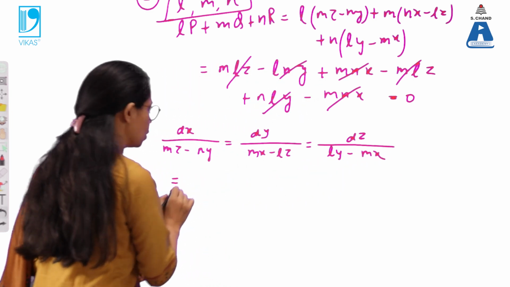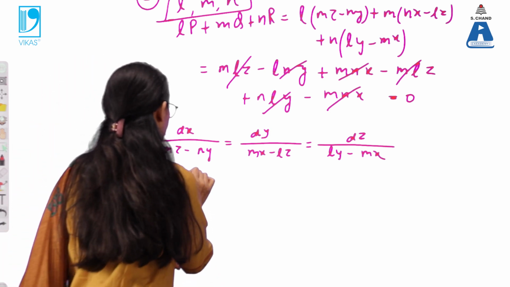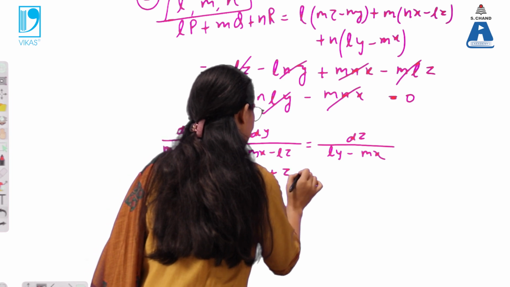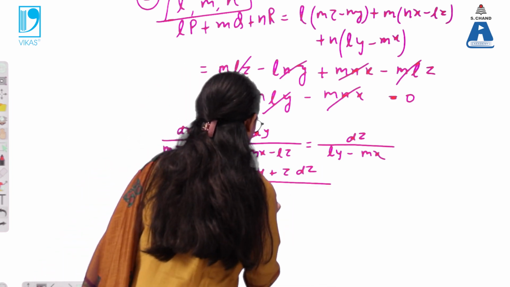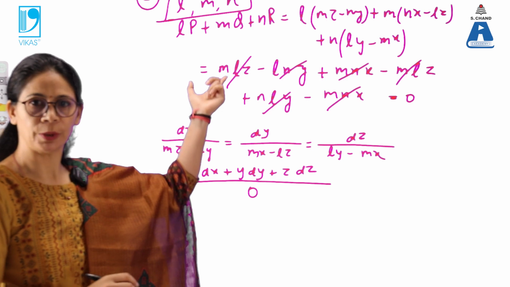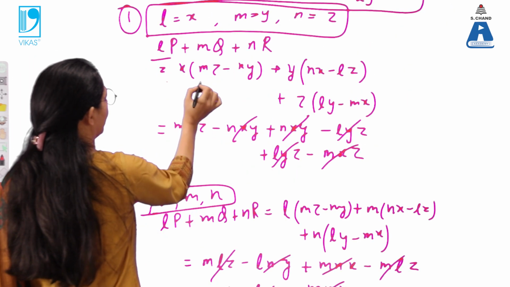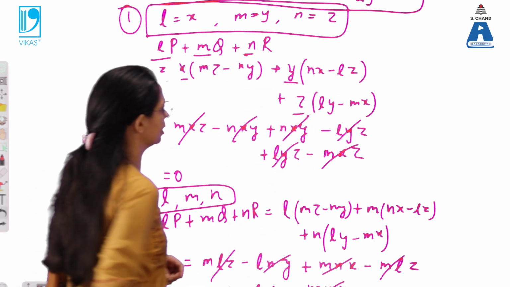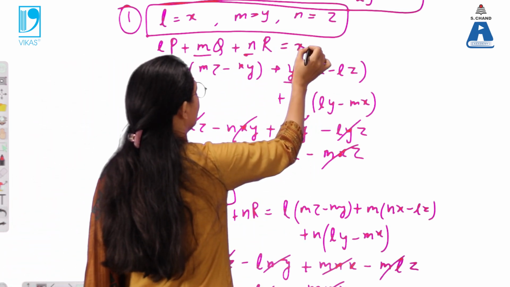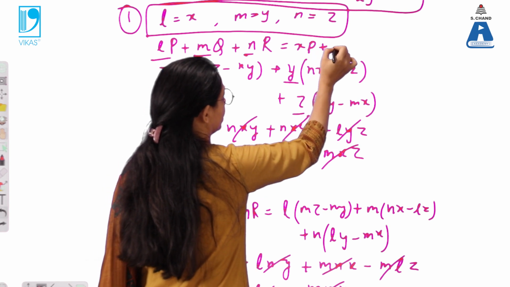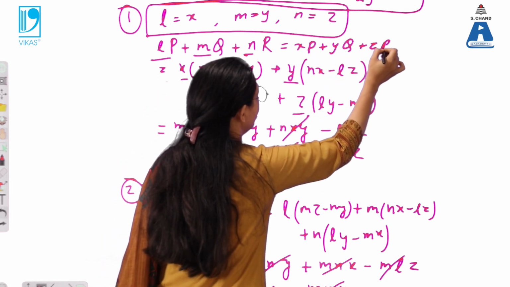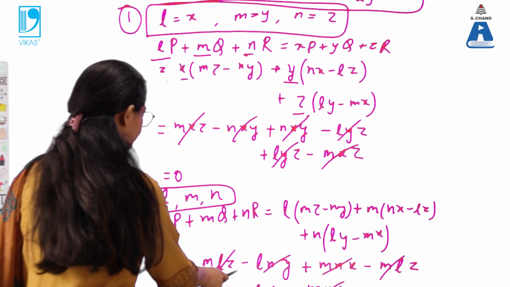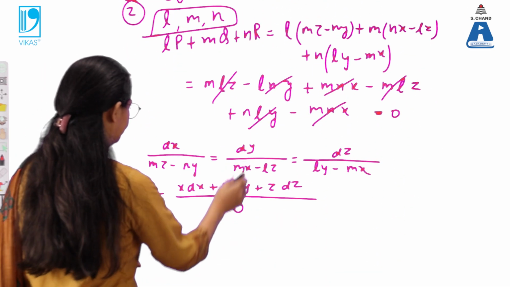Since we have chosen two sets of multipliers, it is x dx plus y dy plus z dz, divided by 0, because we have already shown that L has been replaced with x, M has been replaced with y, and N has been replaced with z. Therefore, this can be written as xP plus yQ plus zR. We have already shown that it comes out to be 0. So we are using this here.